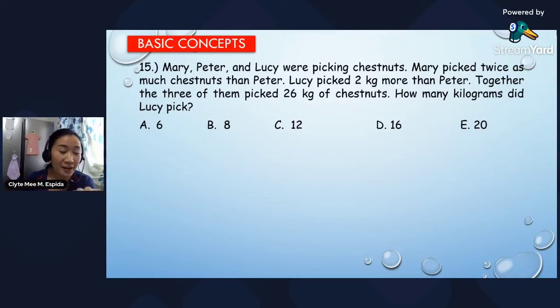Tapos, si Mary, twice daw ng kay Peter. So, that is 8. If we add it up, 6, 4, 8, the answer is 18. Pero yung tinatanong dito, sa problem, 26 kilograms lahat. So, ibig sabihin, mali si A.